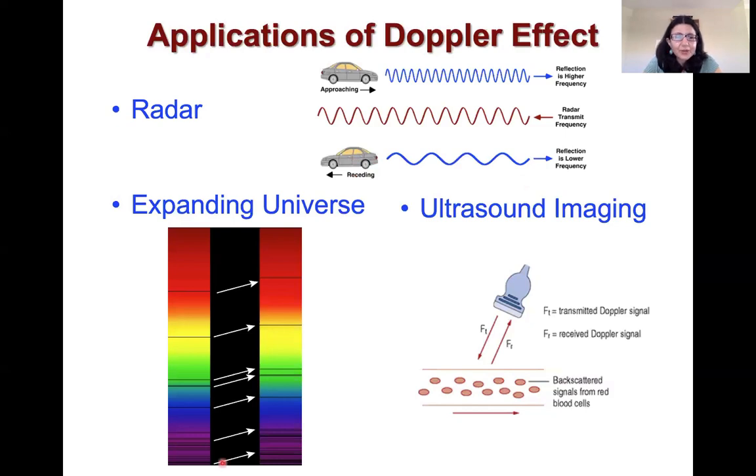So another, almost cooler example of a Doppler effect application is, this was sort of the first way that we explained why our universe is expanding. So how did we know that? Well, there are certain stars out there in the universe that have a known type of radiation that they emit, or electromagnetic radiation based on the type of the star.